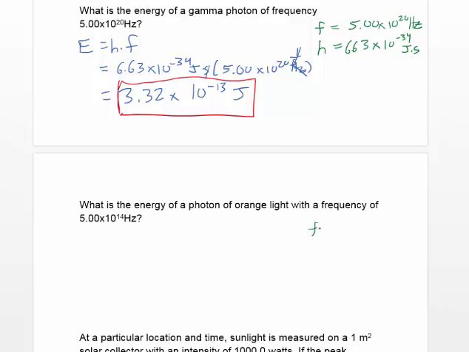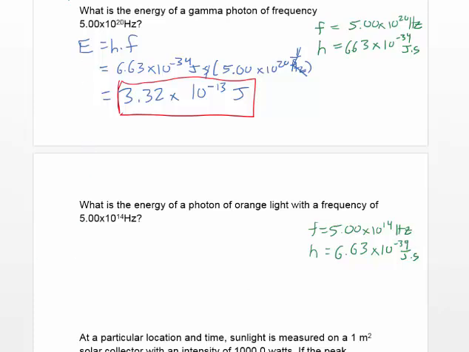Frequency this time is 5.00 times 10 to the 14th hertz. And of course we need to know Planck's constant to do this, which is 6.63 times 10 to the negative 34th joule seconds. So you should be getting quite good at this type by now.